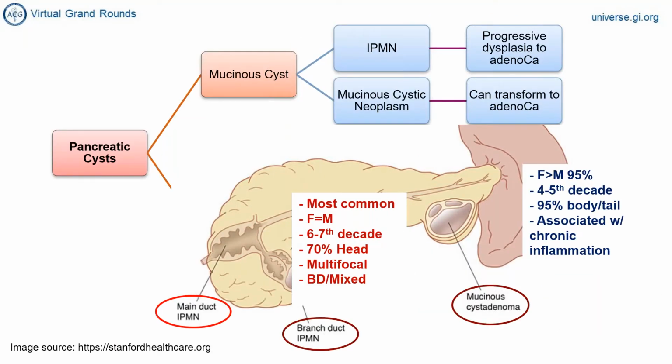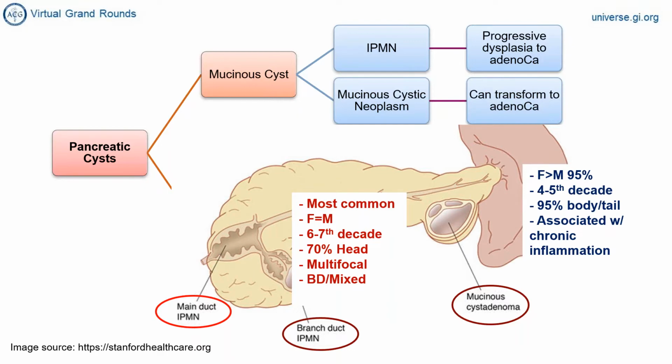Now, mucinous cysts, which include IPMNs and mucinous cystic neoplasms, among which IPMNs are predominantly more common. In fact, the most common neoplastic cysts seen in practice. These are of two types, which is the main duct and the branch duct. There's also a third type, which is the mixed type, which involves both the main duct and the branch duct.